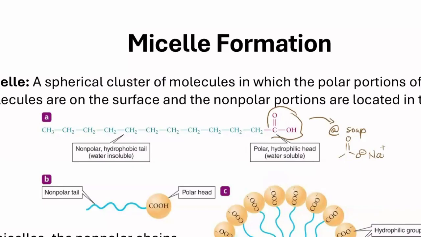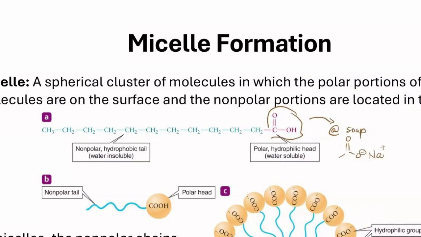In this case, I'm choosing to illustrate it as sodium. Regardless, if you have a soap or a carboxylic acid, the carbon-oxygen bond represents a polar bond because of the electronegativity difference between the atoms. So regardless if you have a soap or a fatty acid, this area of the molecule is going to be the polar section of the molecule.